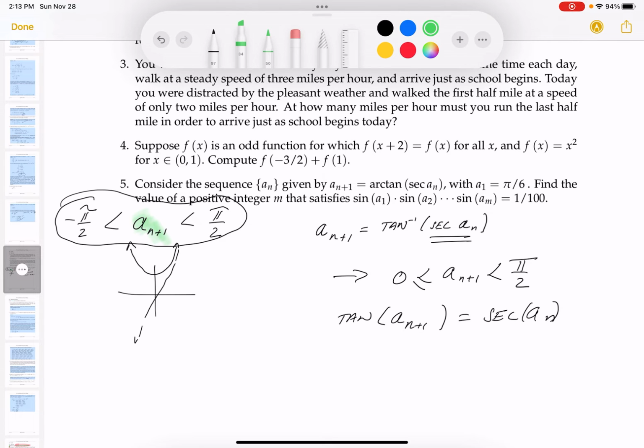You may wonder what I'm doing. I just took the tan of both sides, with the understanding that I'm on this interval over here. Now what do I want to do? Oh boy.